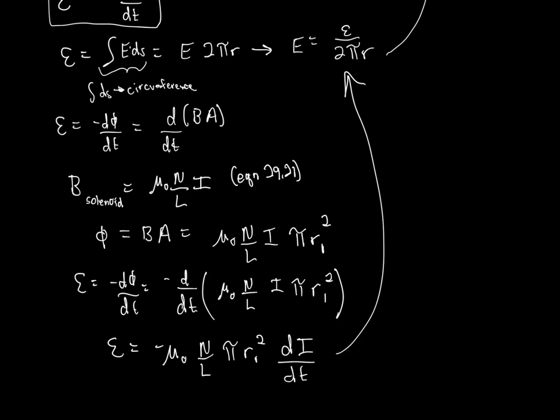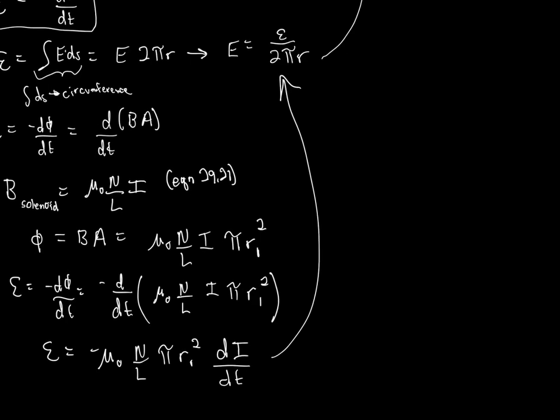Okay, so we take this and we plug it in up top. When we plug this in, what do we get? So we have E is equal to negative mu naught n over L pi r1 squared di over dt. Then I'm going to multiply this by 1 over 2 pi r.